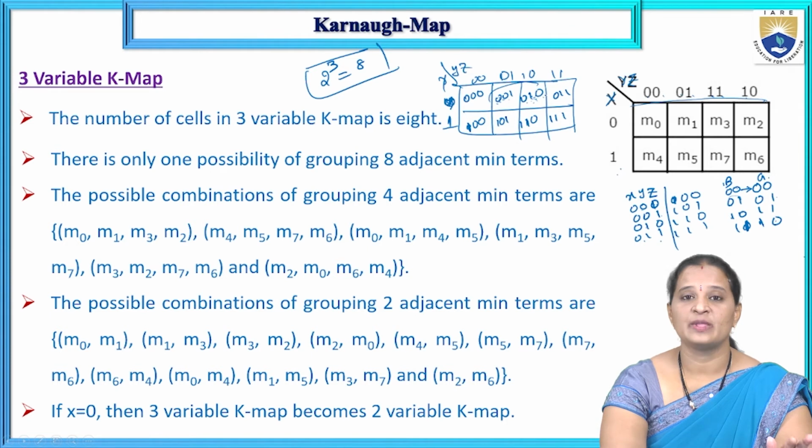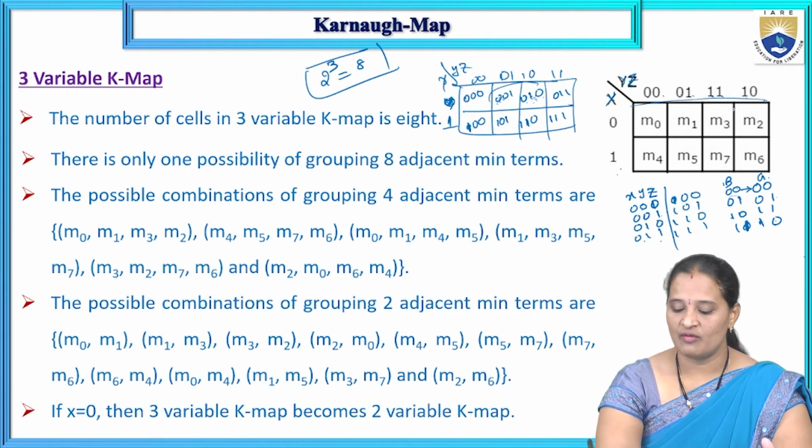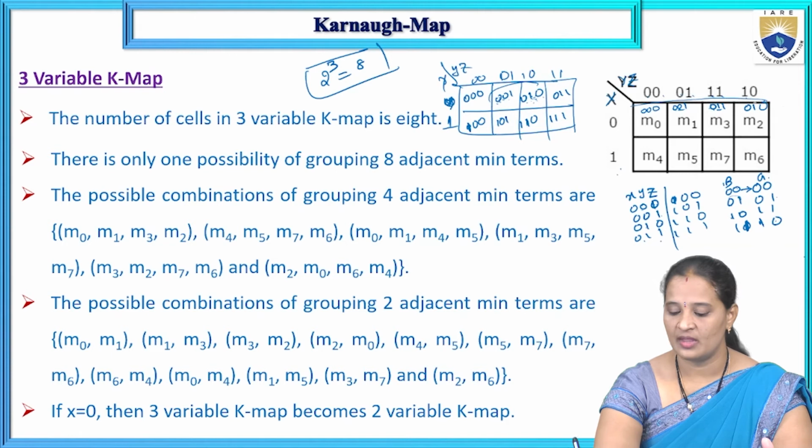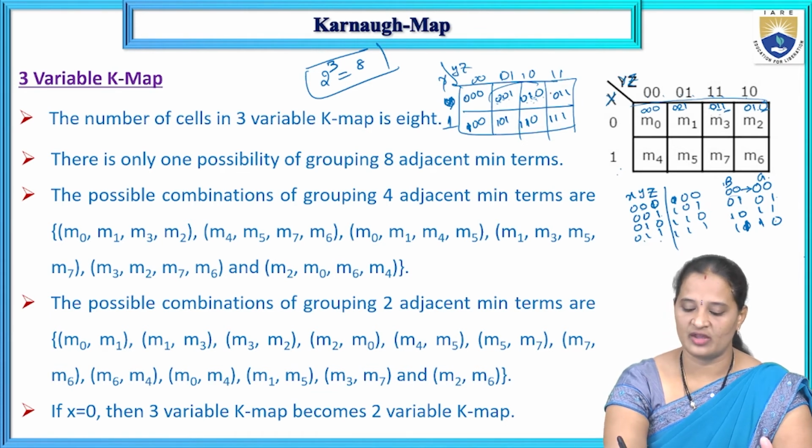That is why, in order to make two neighboring cells adjacent, instead of following the binary code, I'm following the gray code. Whereas in this one, if you observe 0, 0, 0, 0, 0, 1, 0, 1, 1, 0, 1, 0, these two cells are adjacent because they differ by only one bit position, and these two cells are also adjacent because they differ by only one variable.